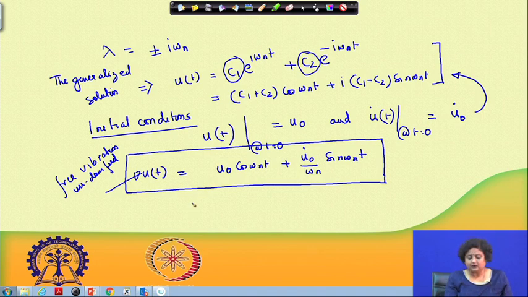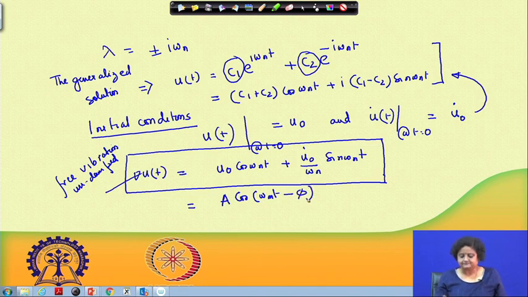Now let us use basic trigonometry, and we can write this as A cos(ω_n t − φ), where ω_n, which I have earlier taken with ω_n square as k by m, becomes root over k by m.